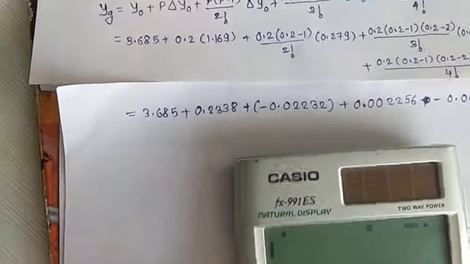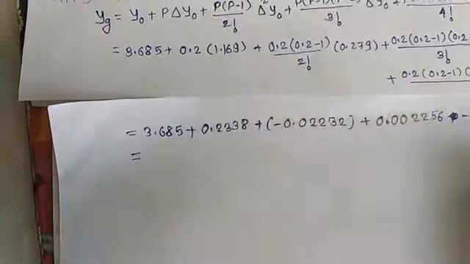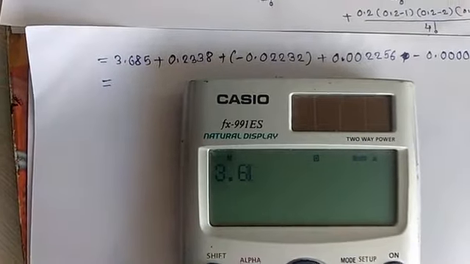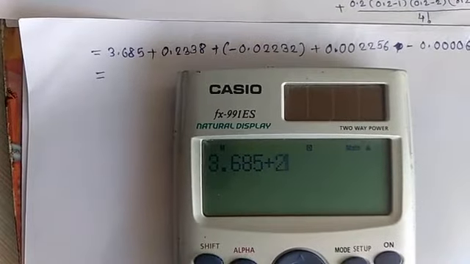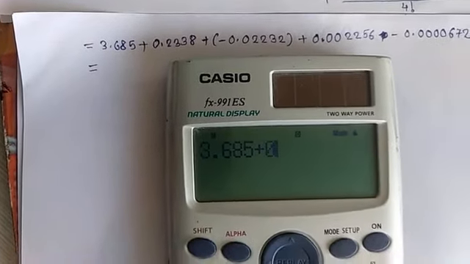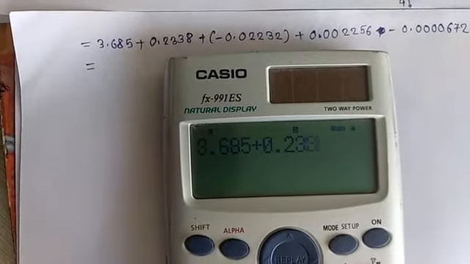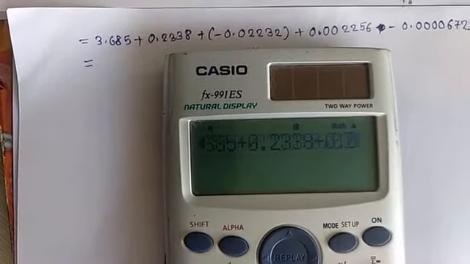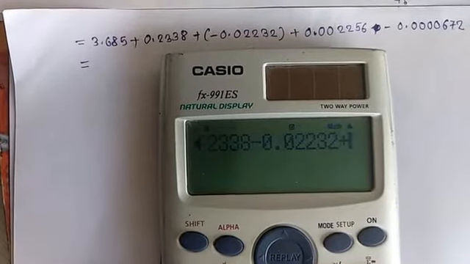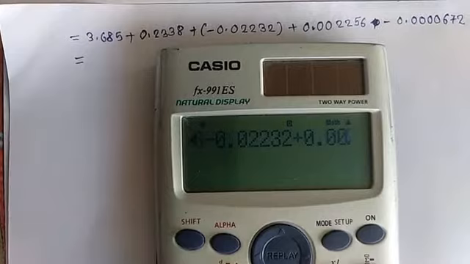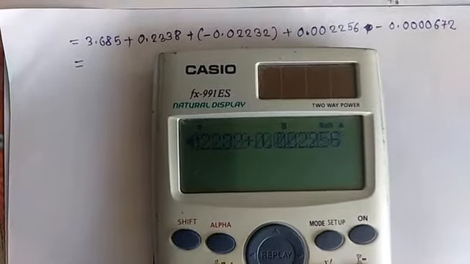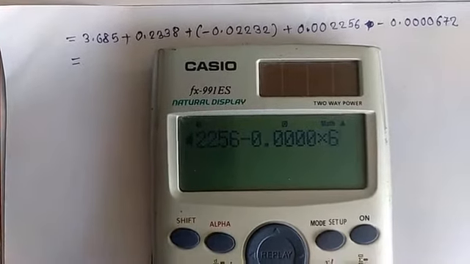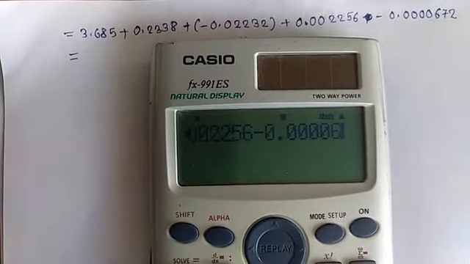So we will get the answer in this form. The first value is 3.685, next plus 0.2338, minus 0.02232, plus 0.002256, minus 0.0000672.